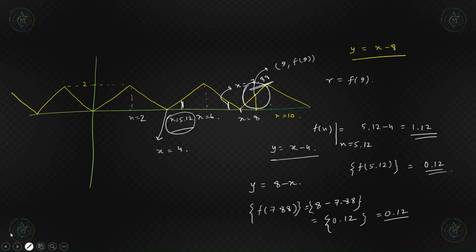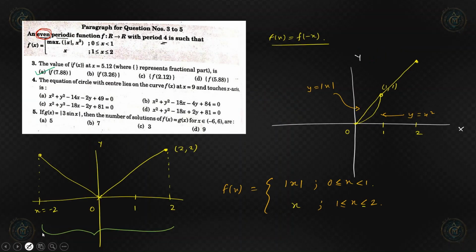So f of 9 will be simply 9 minus 8, which is 1, right? So the radius of this circle is 1 and the center is at (9, 1). Let us check the options here. So we must have the center at (9, 1) and radius equal to 1. That means only one option is satisfying this condition. Okay, so option C will be our correct option.